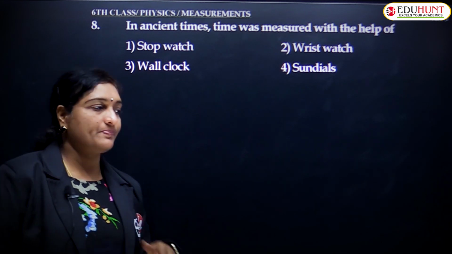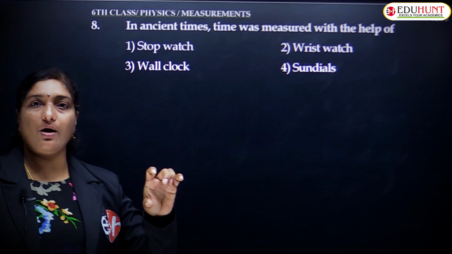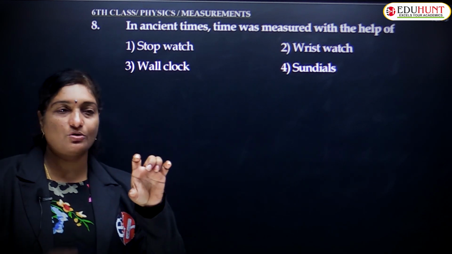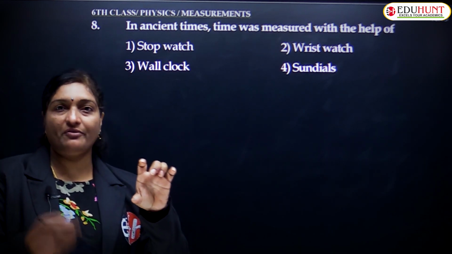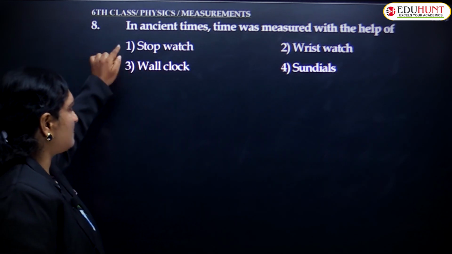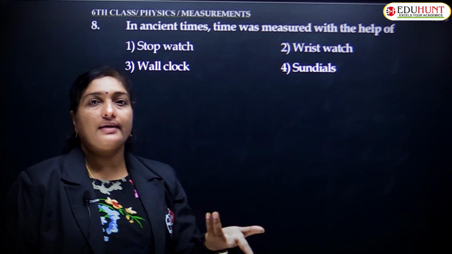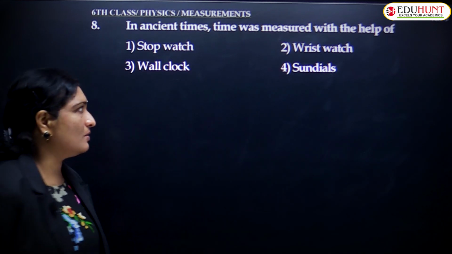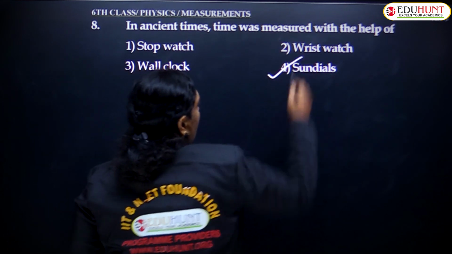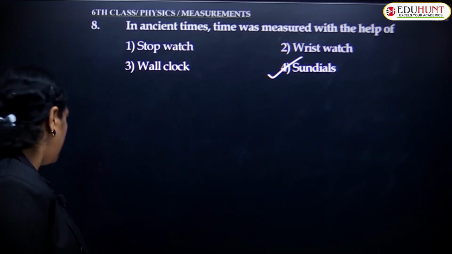Whenever a running race happens, your sir will switch on the stopwatch to count the amount of time covered by you people. So a stopwatch counts the time accordingly. Wall clock and wristwatch give the time measurement, how much time has passed. And in the olden days, we used to measure time using sundials.